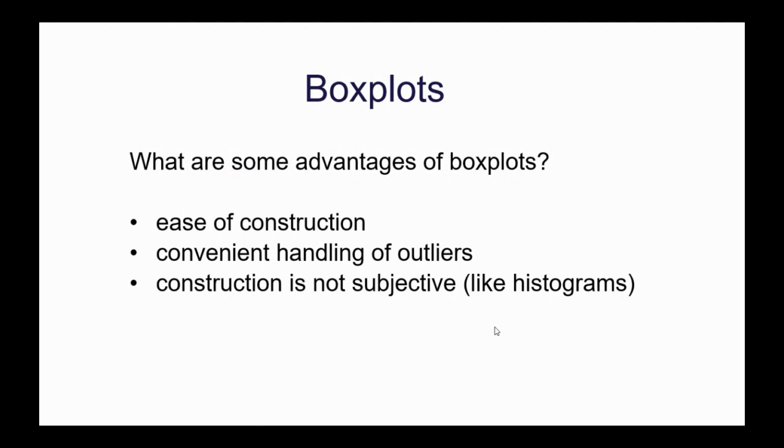We're basing it on our quartiles and then the max and the min. So there's no, oh, if I make my classes wider, I can make the data look like this, or if I make them narrower, then I can make the data look like that. None of that's going on. It's not subjective.